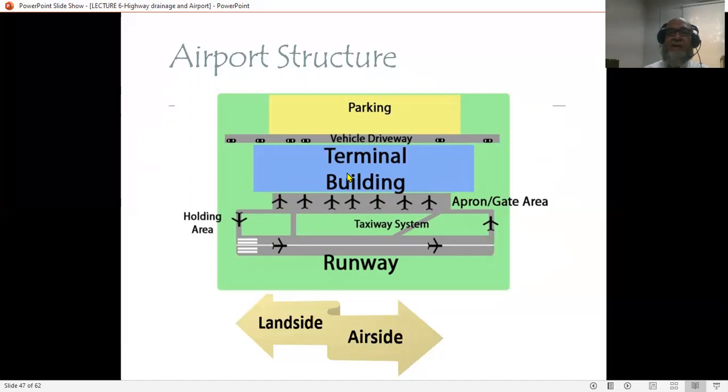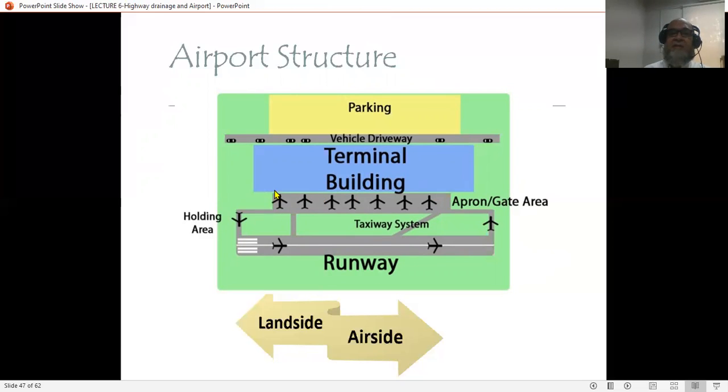So this is the point where you are transferred from the terminal building to the aircraft. Here we can say the transition has changed. Your category will now be airside movement.